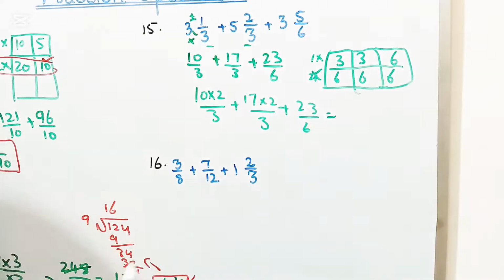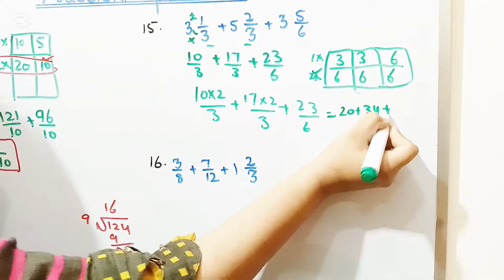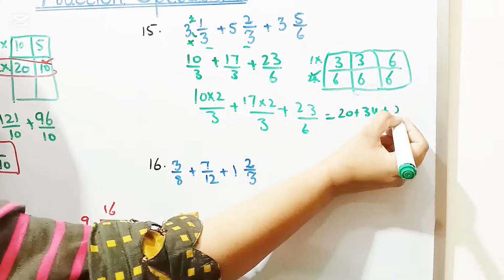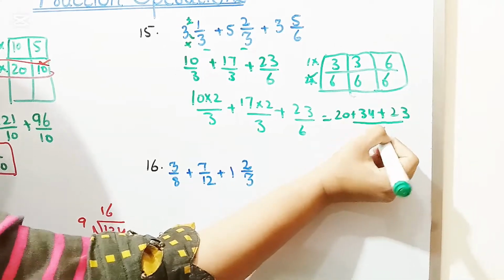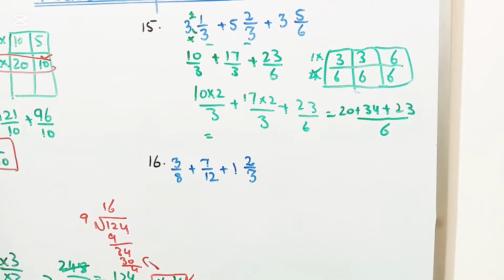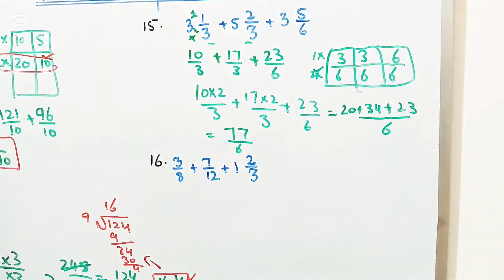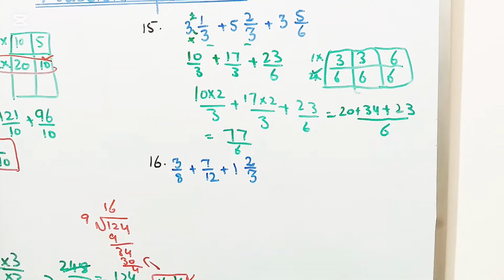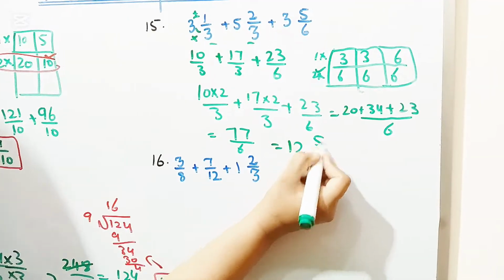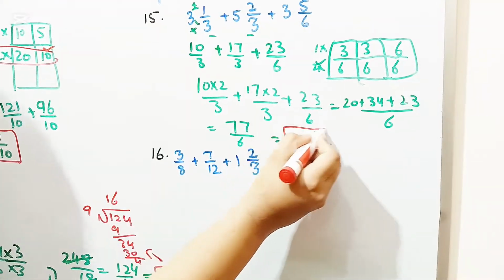Then I will write it: 20 plus 34 plus 23 divided by 6. 77 divided by 6. When I divide them, my final answer is 12 5/6. It's my final answer in the mixed number.